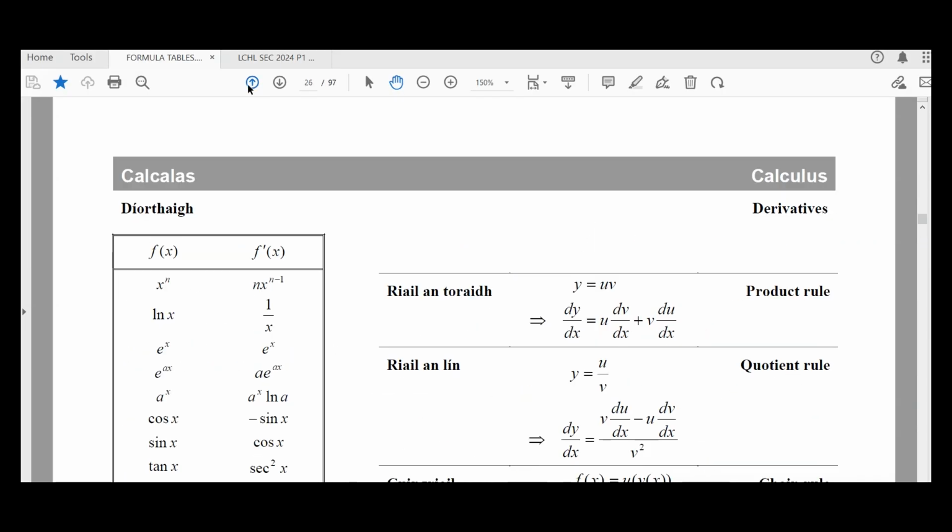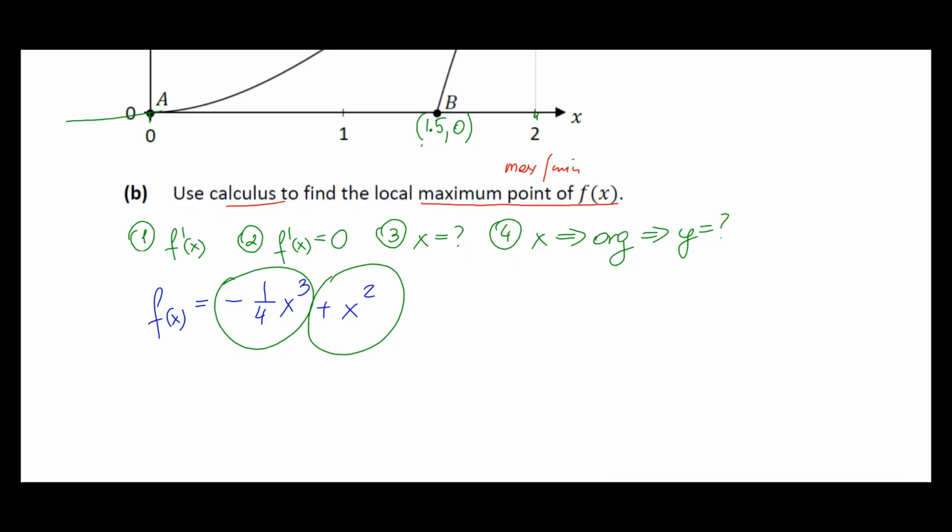That's the very first one: x to the power of n, the power goes in front, and then the power minus 1. Whatever coefficient stands in front of x stays and gets multiplied by the power, and then the power minus 1. The same thing happens with the second one: the power goes in front, and then my power minus 1. Oh, my apologies, that should read 3, not 2.